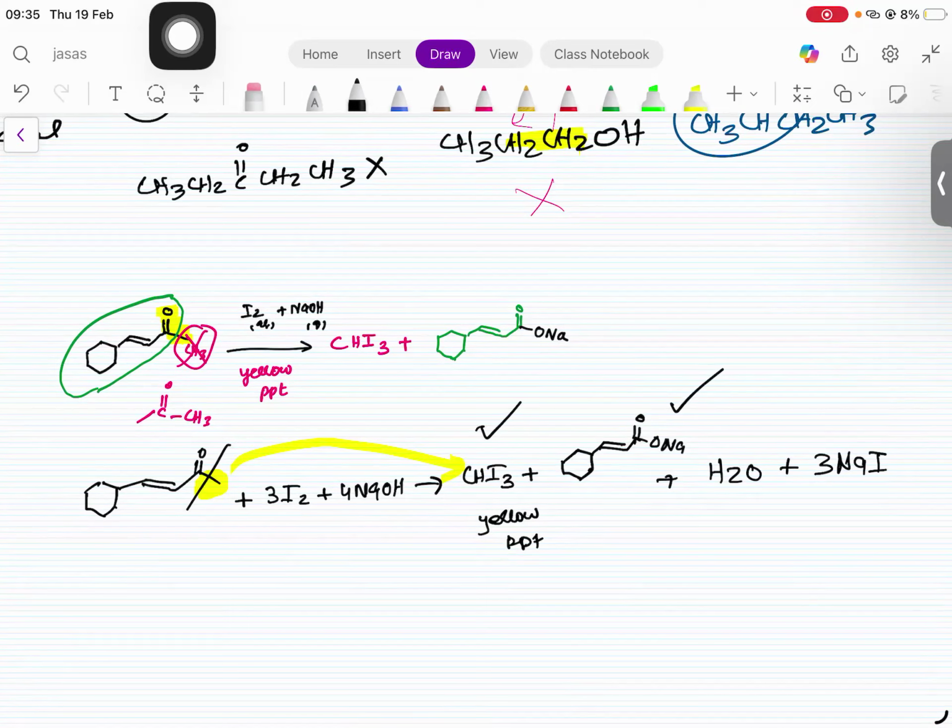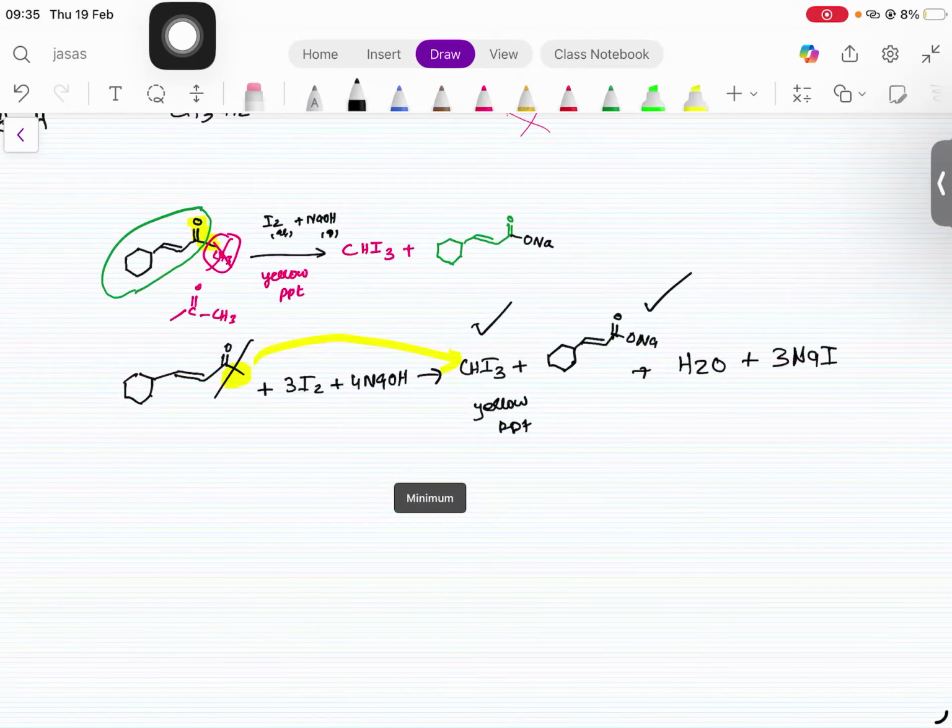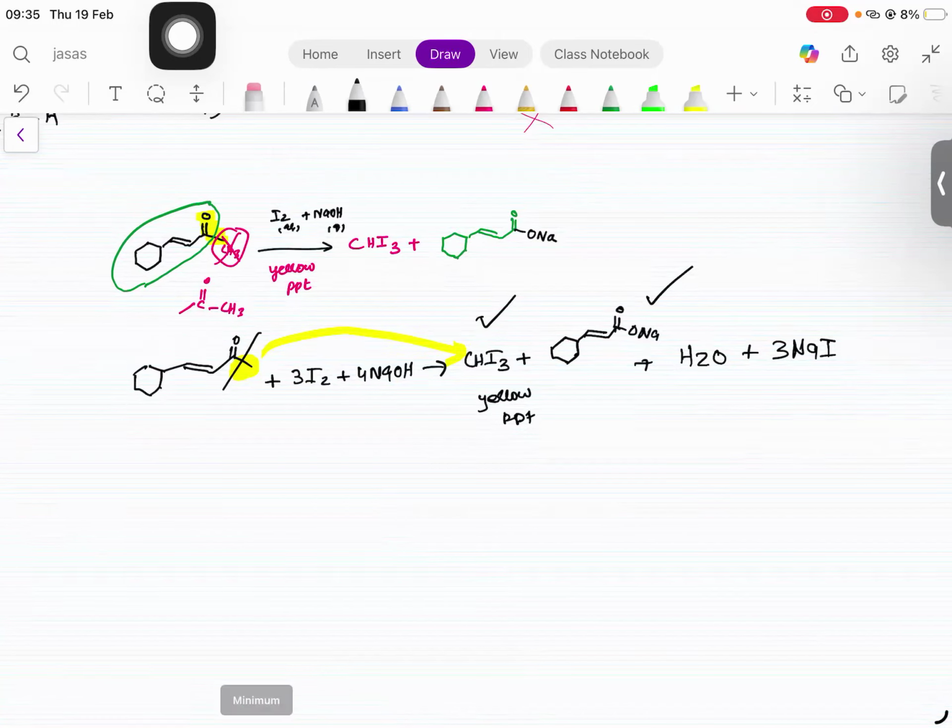Well, just balance is 6 on this side, 3 iodine and 3 iodine, 6 on that side. Similarly, 4 Na, 4 and 3 on that side. Sorry, I just balanced it ना, because CHI3 था और NaI था, तो वो बाद में balance किया. Right now, for example, if I give you an equation, please write down.